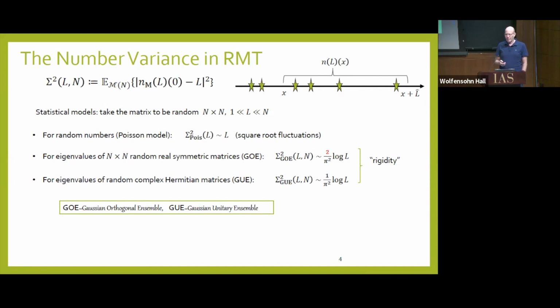In any case, for GOE, the number variance is asymptotically 2 over pi squared times log of the expected number of eigenvalues. And for GUE, it's half of that. So this is called rigidity in the literature, meaning there are very few, very small fluctuations from the total number of eigenvalues. While for the Poisson case, the fluctuations are very large. And this statistic distinguishes GOE from GUE. For COE and CUE, it's the same number.